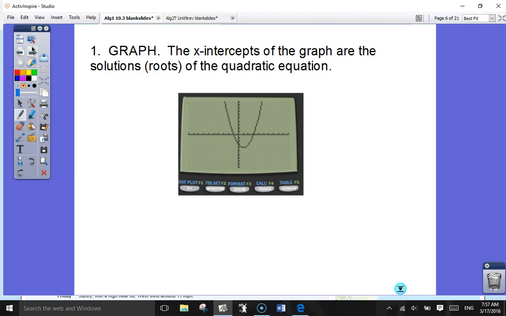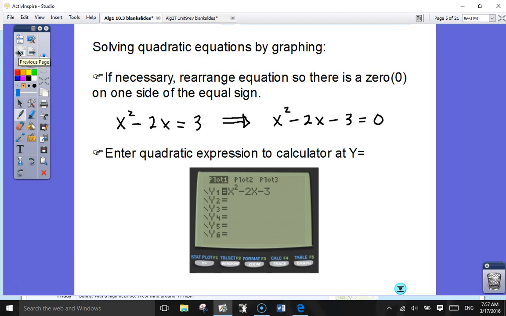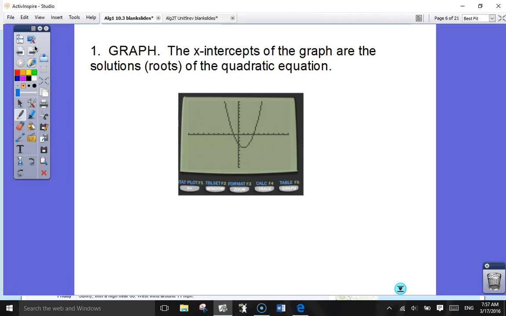Once you've got the memory clear, then you're putting in the calculator this, just like it looks there on that screen. You go to y equals and you put x squared minus 2x minus 3. I got it. Okay, so we all should have a parabola that looks like this.